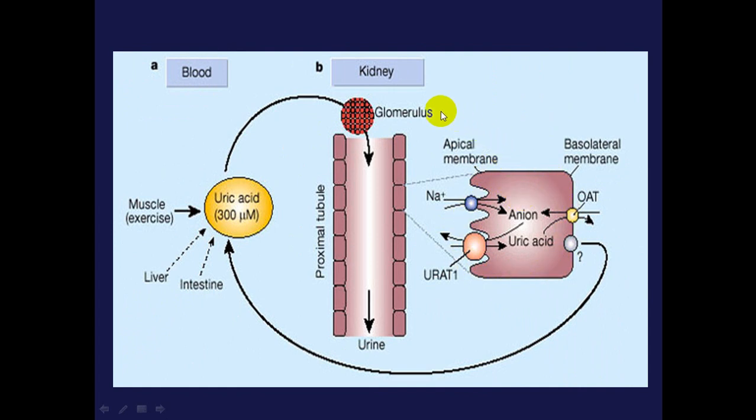The uric acid is released from the tubular cells into the urine. Okay, if the tubular cells are disrupted by the uric acid, this normal process will not happen. Therefore, the uric acid can be accumulated in the kidney and also inside the tubules.